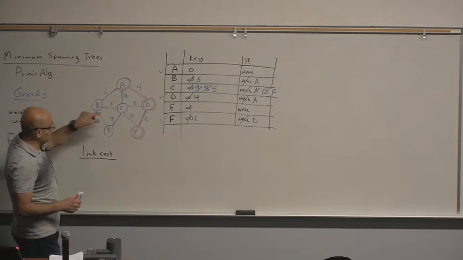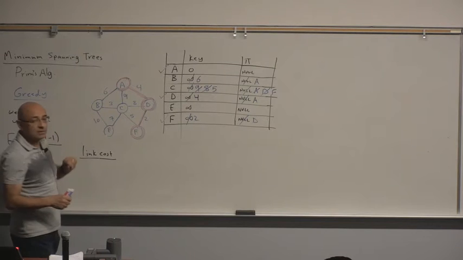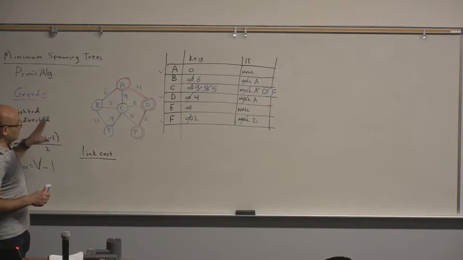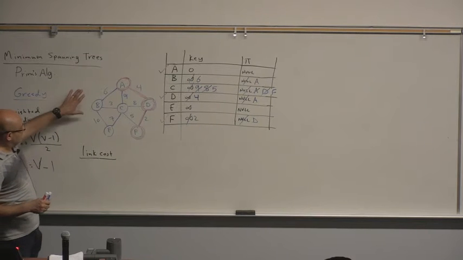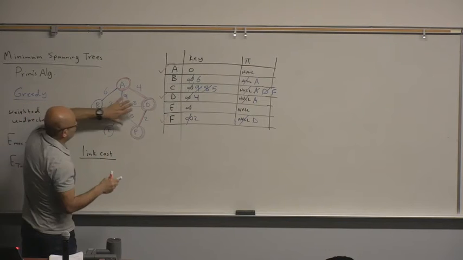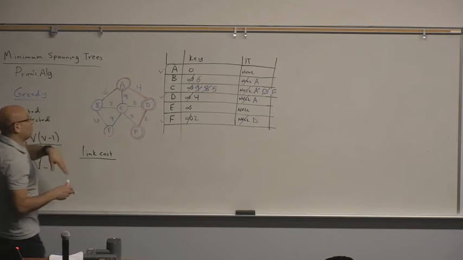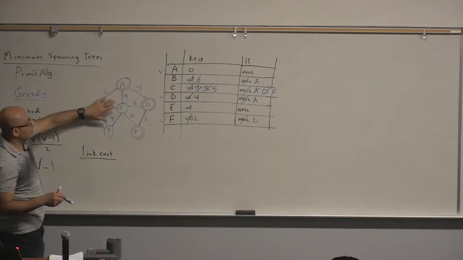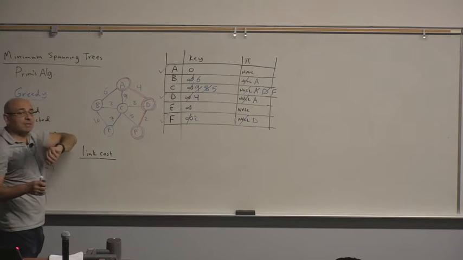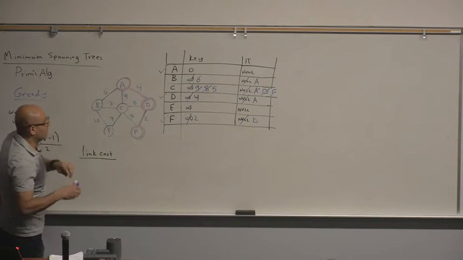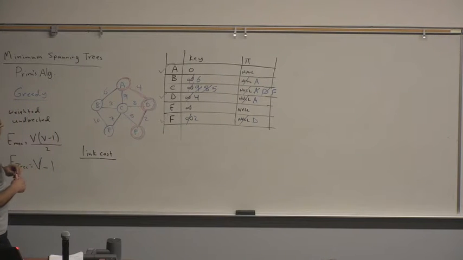There is no way better than choosing the cheapest edge that connects the set of unconnected vertices B, C, and E to A, D, and F, or one vertex from this set, to the minimum spanning tree, or the partial subtree that I have grown. Okay.